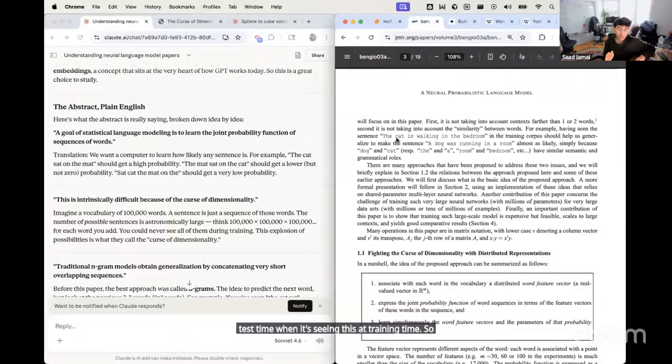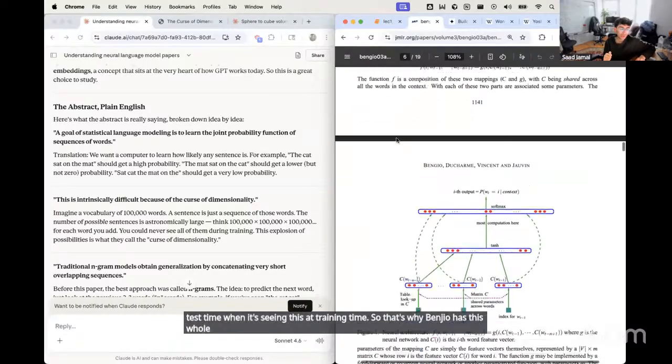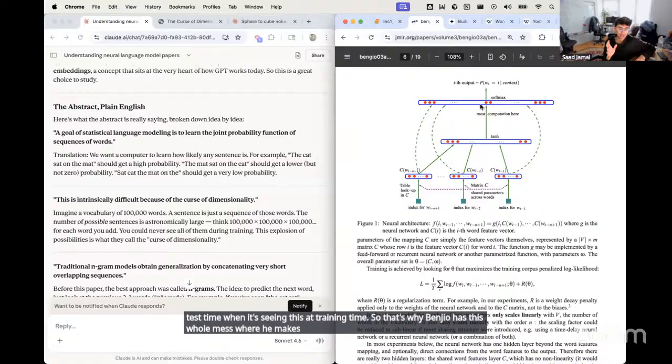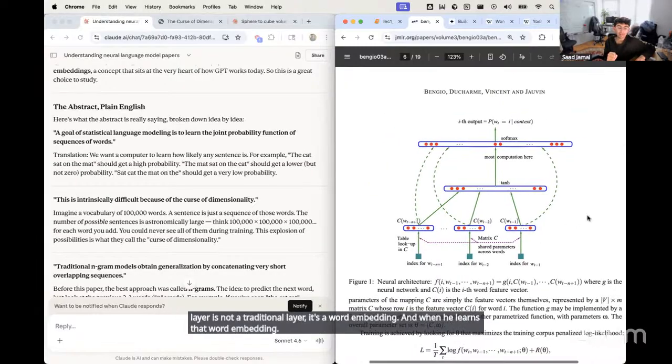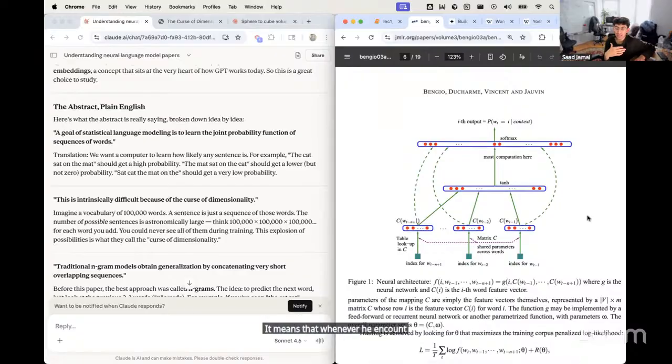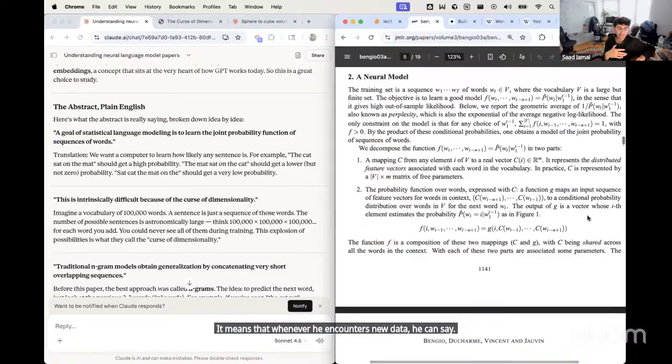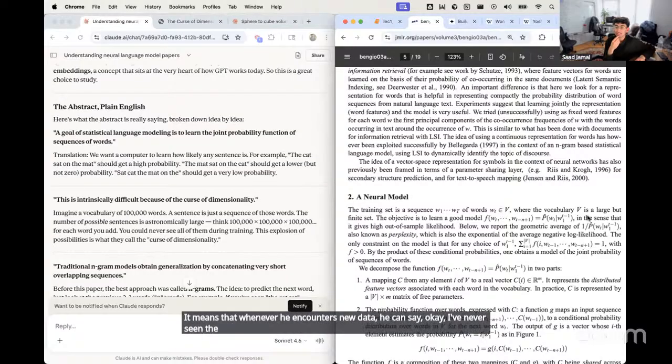So that's why Bengio has this whole setup where he makes his two or three layer neural network, where that first layer is not a traditional layer, it's a word embedding. And when he learns that word embedding, it means that whenever he encounters new data, he can say, okay, I've never seen the sequence of words "a dog is walking to the blank" before, but I know that the vector for the word dog is really close to the vector for the word cat.